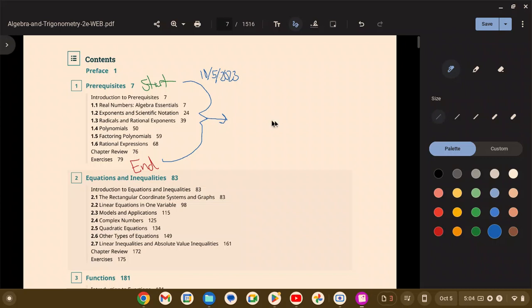Let's do 1700. So 5 o'clock p.m. our time. Yeah, and then I guess just figure this stuff out as I go.